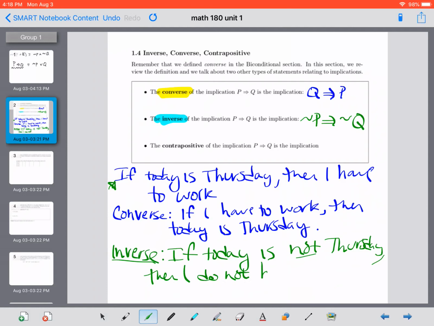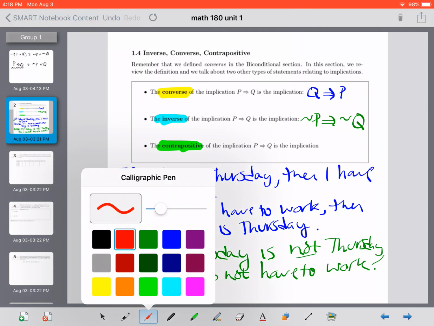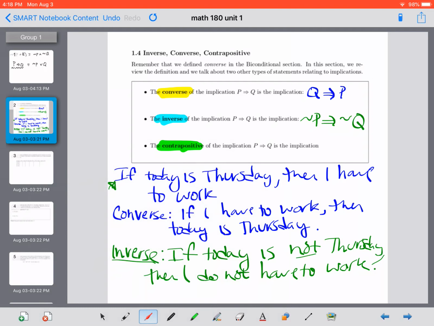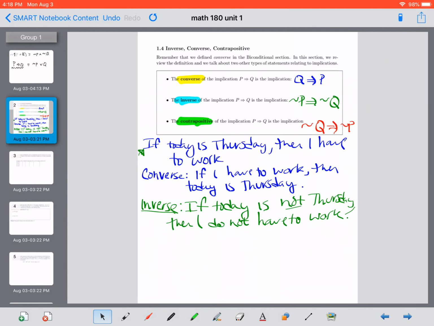All right, and then finally, the contrapositive of an if-then statement of the form P implies Q would be the statement where we do both of these things. We flip the hypothesis and conclusion and we negate them both. So the contrapositive would be not Q implies not P. So again, going back to our original statement here, we've written the converse and the inverse.